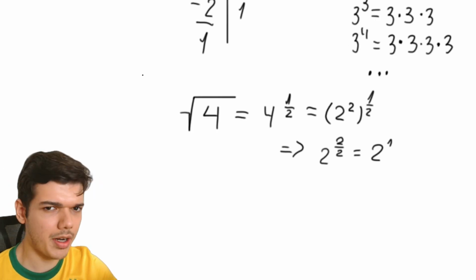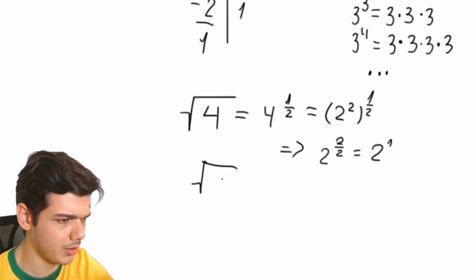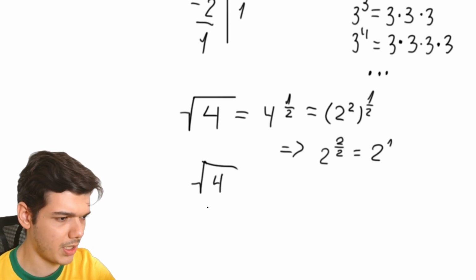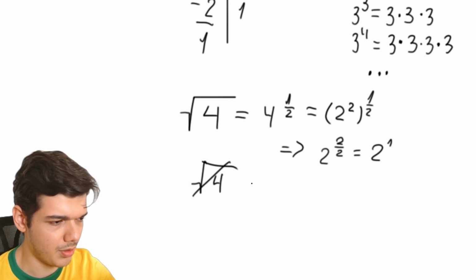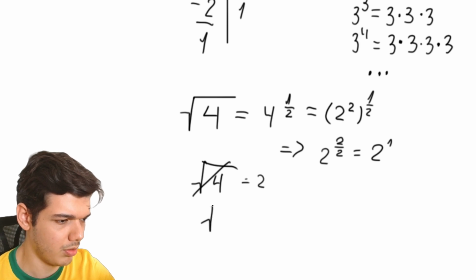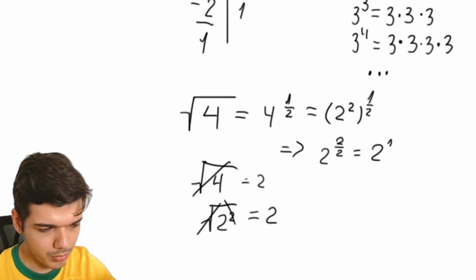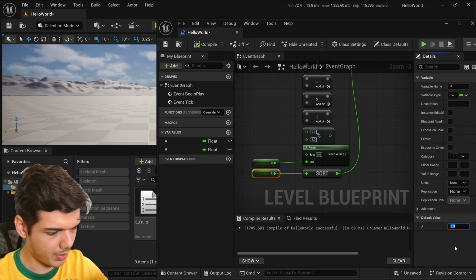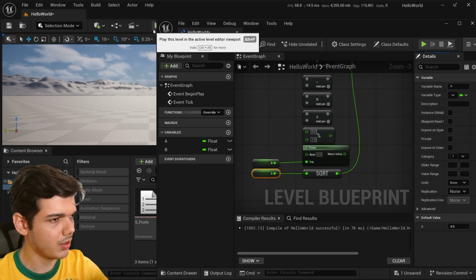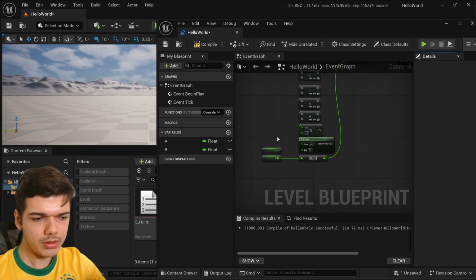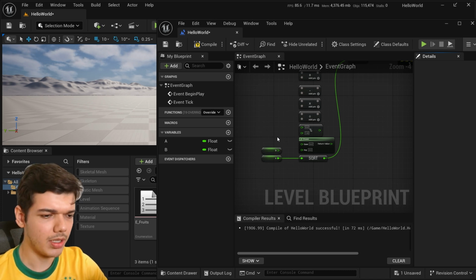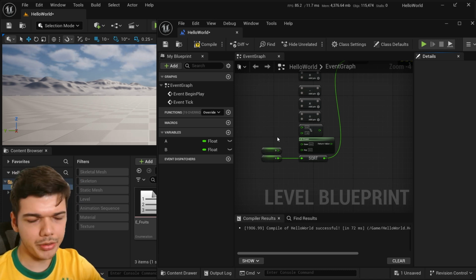There are many ways to do that, like you automatically know that the square root of 4 is 2, or you could do it like this. This is the same. Let's put a value here of 4. We have 2. And one thing that I didn't find here in the engine, but it's very useful, is the root, like cube root or n-th root.